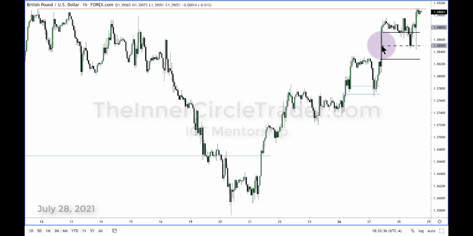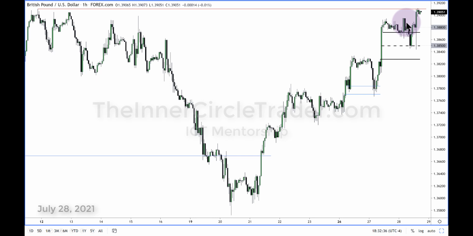That's consequent encroachment. So at this high or this high, did we trade above these relative equal highs and attack the buy side liquidity resting above the original consolidation seen here? No, we did not.